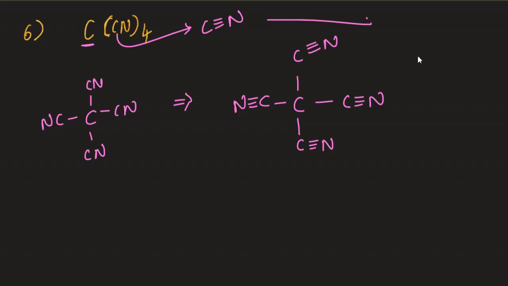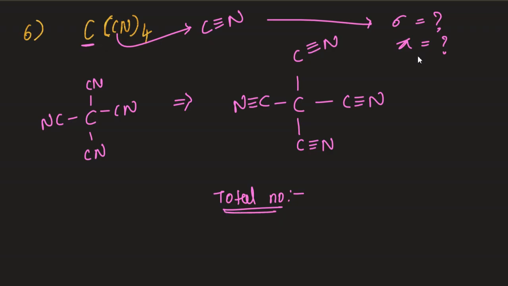This sixth question is how to find the number of sigma bonds and pi bonds. Many students get confused in these questions. The first step is to count the total number of bonds. Whenever they ask you to find the number of sigma bonds and pi bonds, always find the total number of bonds first. This will avoid the confusion.